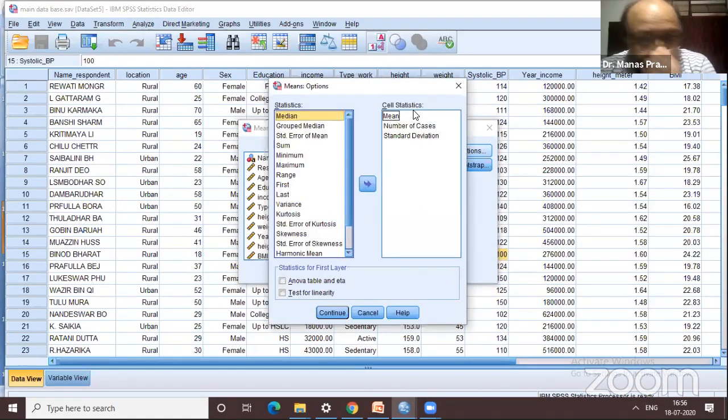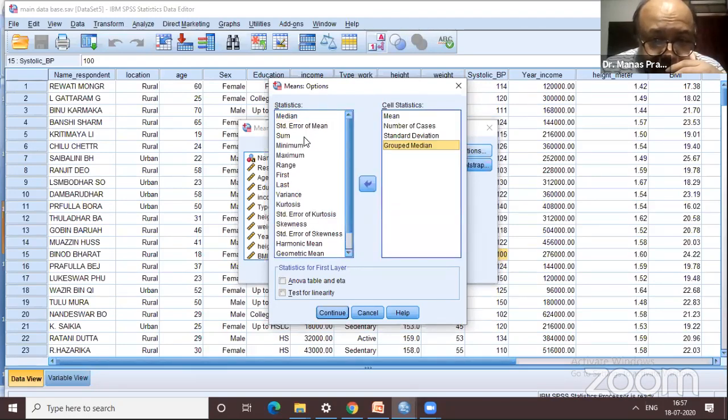Now what statistics do you need? Suppose I need mean, standard deviation and number of cases. If I need median, then you have to select median here. If you need standard error of mean, you have to select it and put it here like this. So right now I need only mean and standard deviation. So continue.